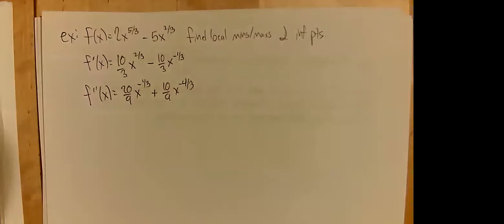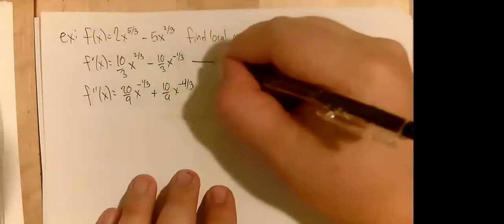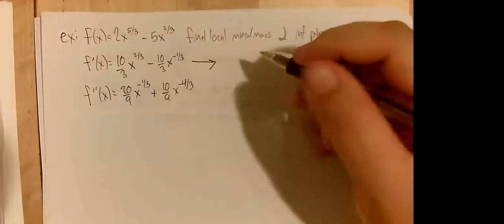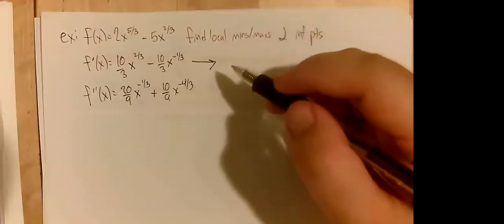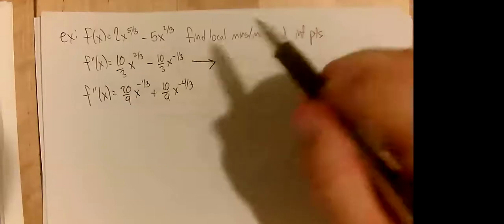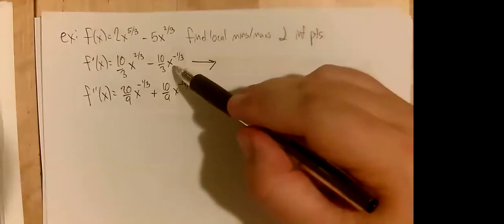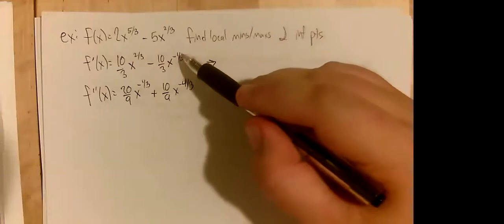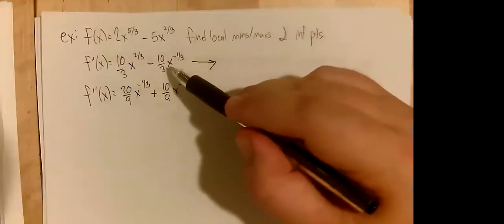All right, so now that we have that, let's go ahead and find our critical points. Remember, our critical points have to do with f prime. So critical points will occur when f prime is either undefined or 0. Now we are dividing by x to the 1/3. That's what this negative power means. It's actually in the denominator.